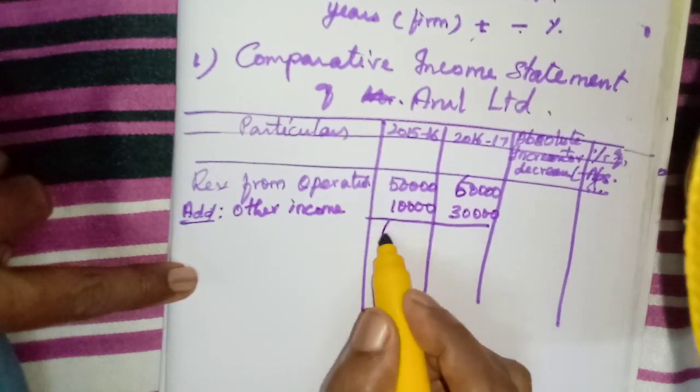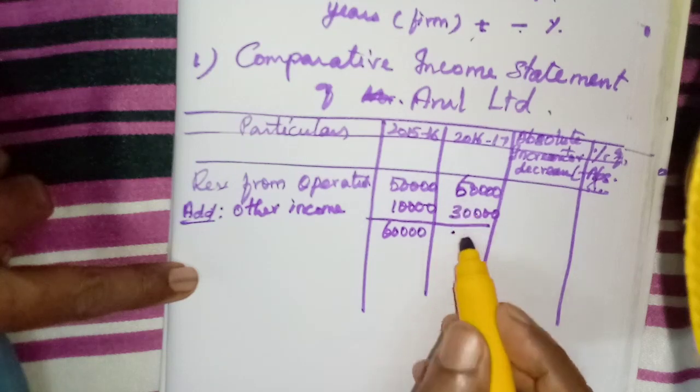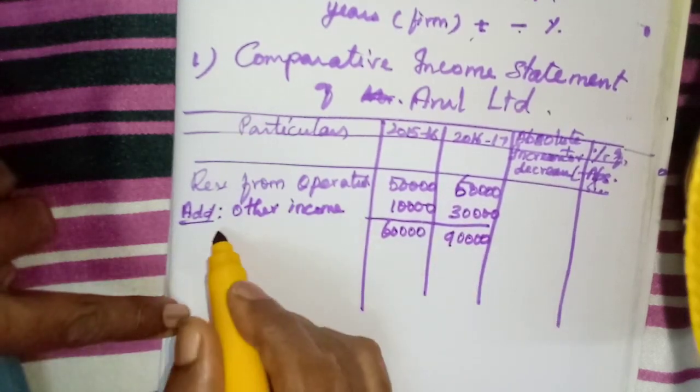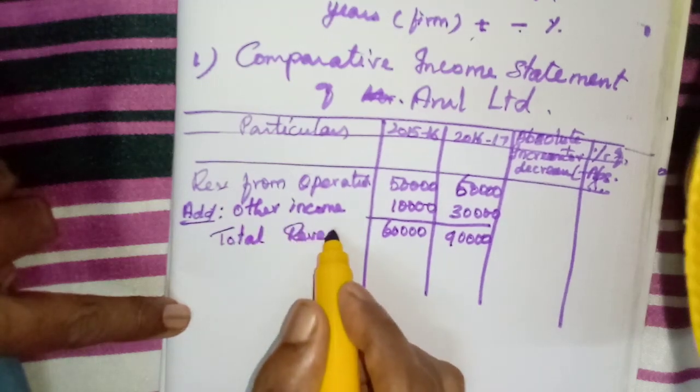Add and write 60,000 and 90,000. This is total revenue, which you have to write extra.